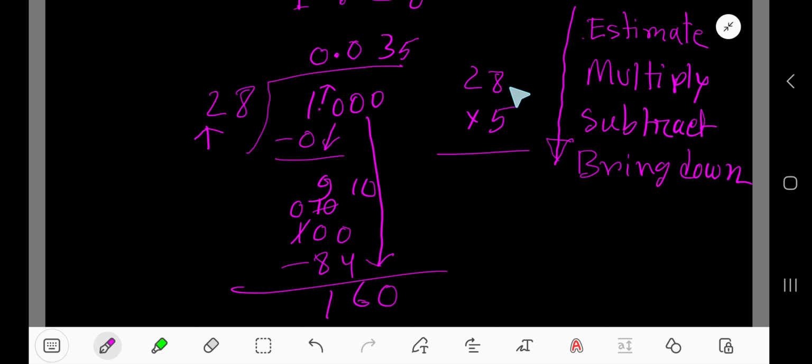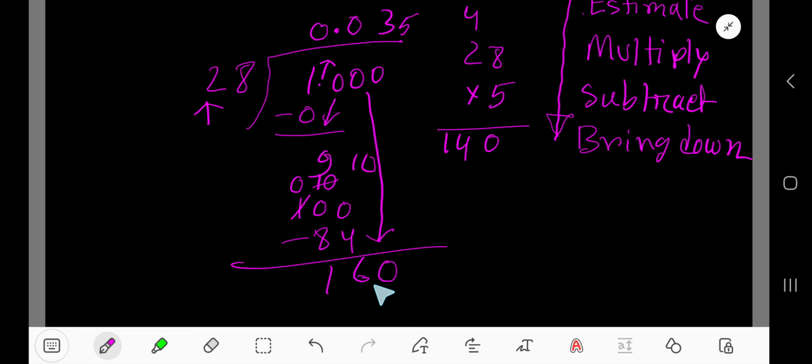5 times 8, that is 40. Write 0 and carry 4 to the next. 5 times 2, 10 plus 4, 14. 140. Here 140 and here 160.